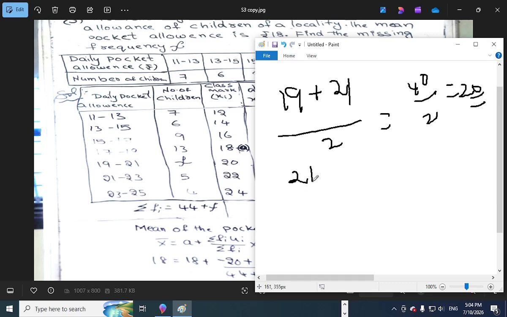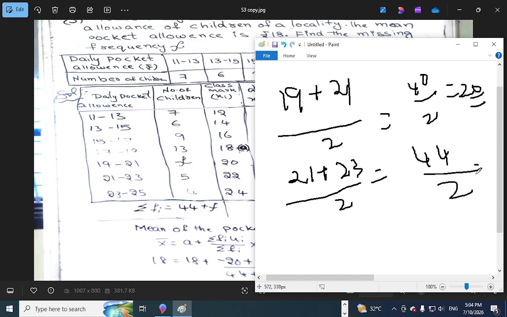Then the next one, 21 plus 23, by 2, which equals 44 by 2. Finally, we get 22 as the class mark for 21 to 23.